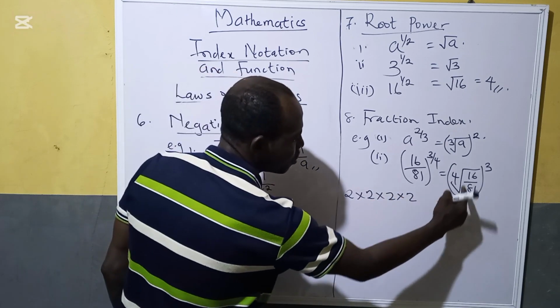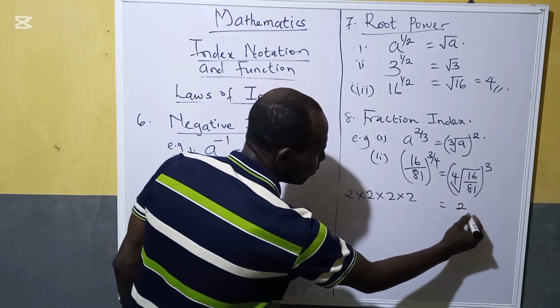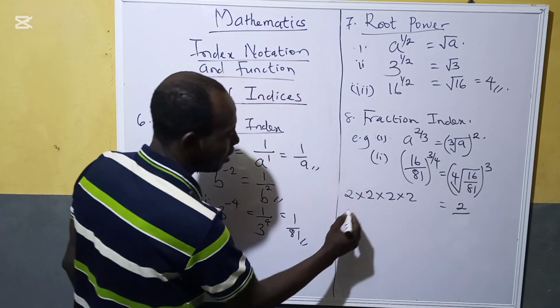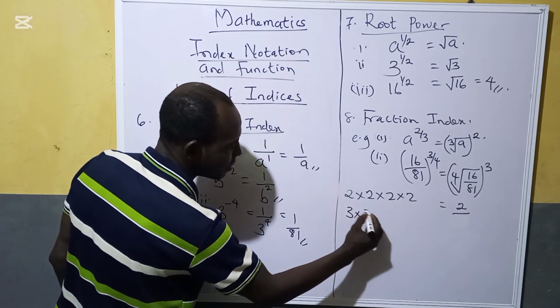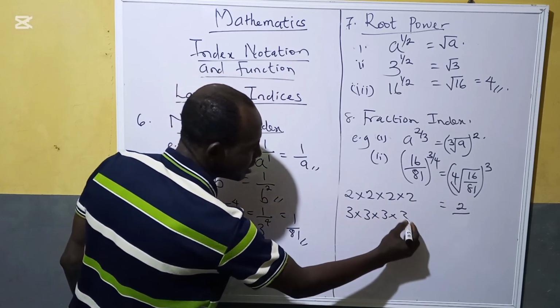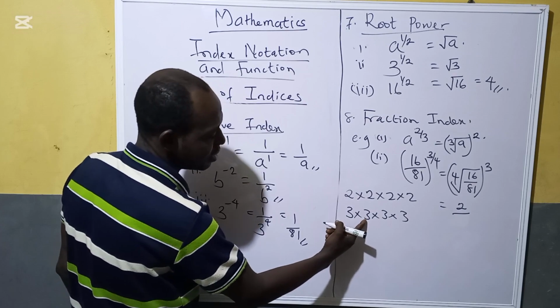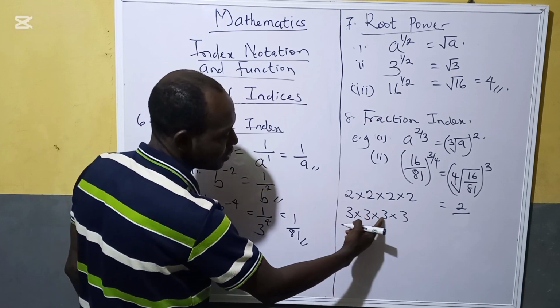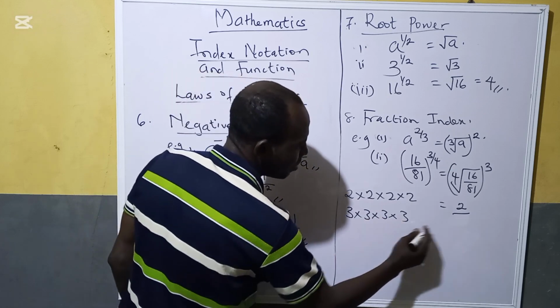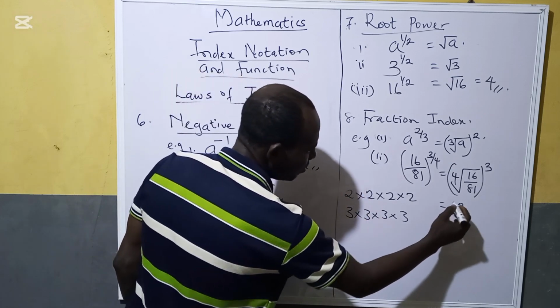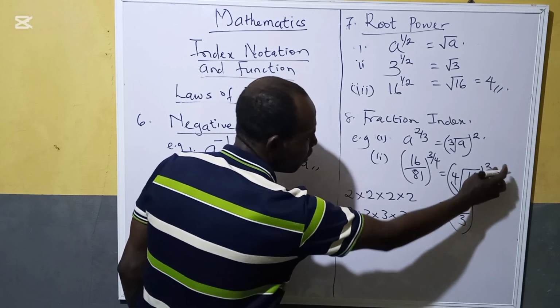So that means the fourth root of 16 is 2 all over 81. 81 will be 3 times 3 times 3 times 3. 3 times 3, 9. 9 times 3, 27. 27 times 3, 81. That means it is 3. Then raise to the power of 3.